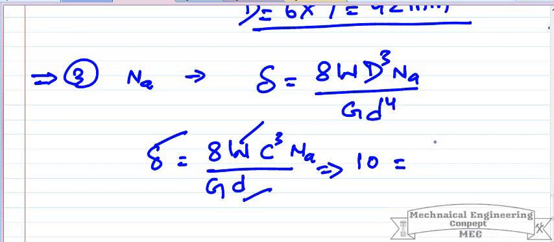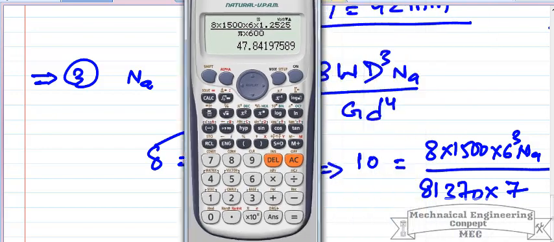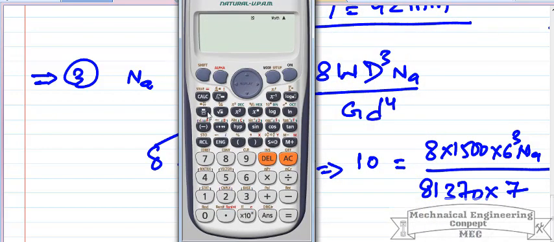So 10 mm is equal to 8 into 1500 into 6 cube into Na, which is unknown, divided by 81370 into 7. Put all these values into the calculator. 10 into 81370 into 7 divided by 8 into 1500 into 6 cube.